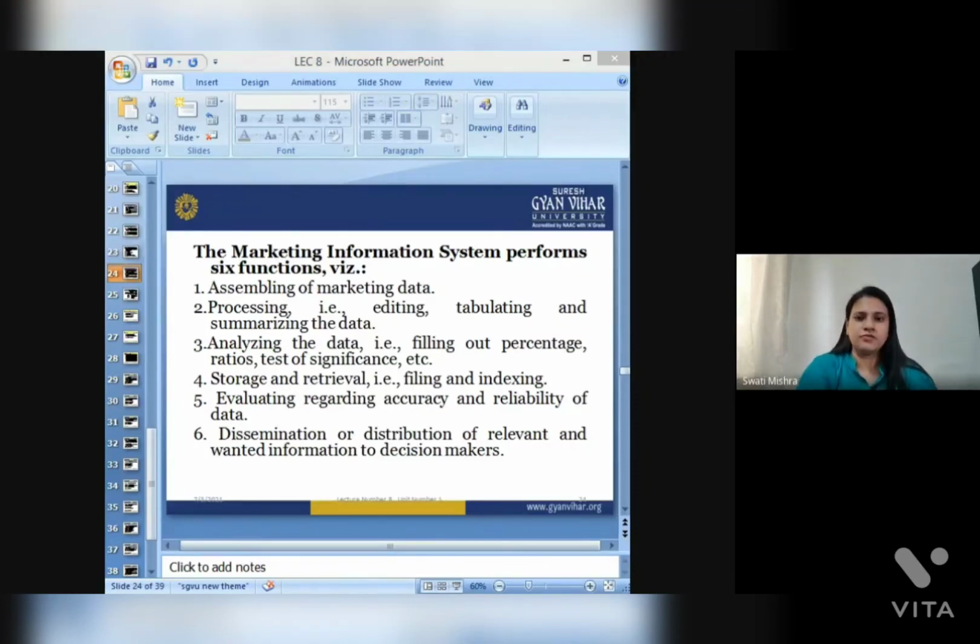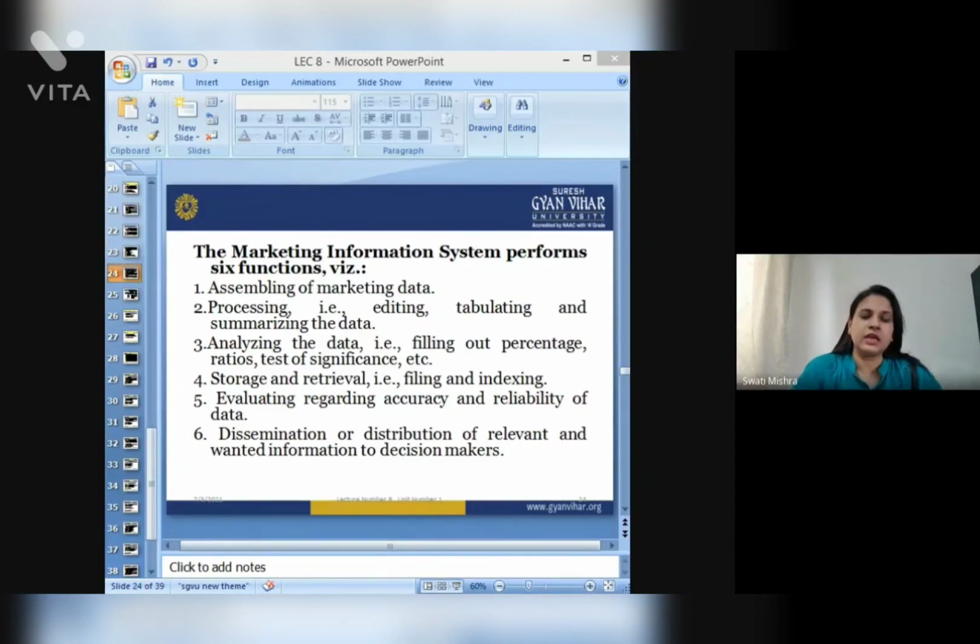Beginning from the assembling of the marketing data to processing of that data, which will include editing, tabulating, summarizing the data, analyzing the data, like working out percentage, ratio, testing, test of significance, etc. All this is done by MIS of an organization.